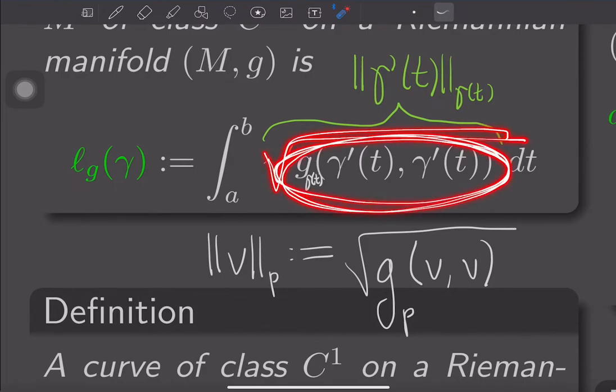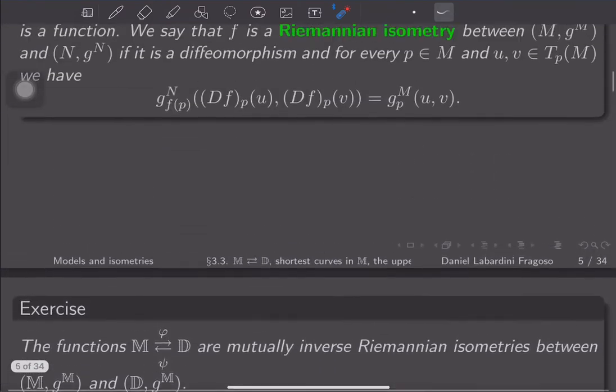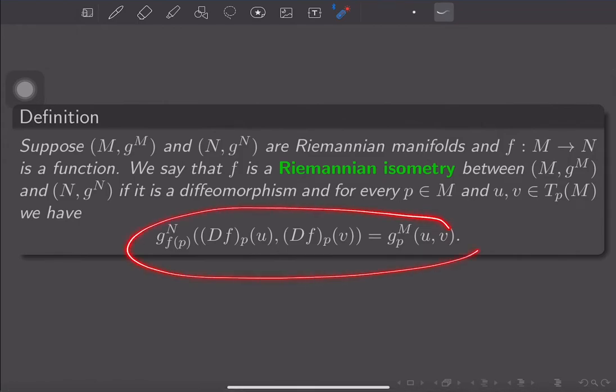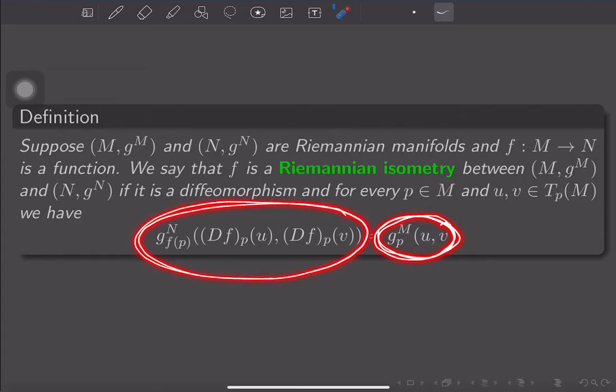But if you have a Riemannian isometry, you can replace this inner product with the inner product under the image, because in a Riemannian isometry you have this equality.